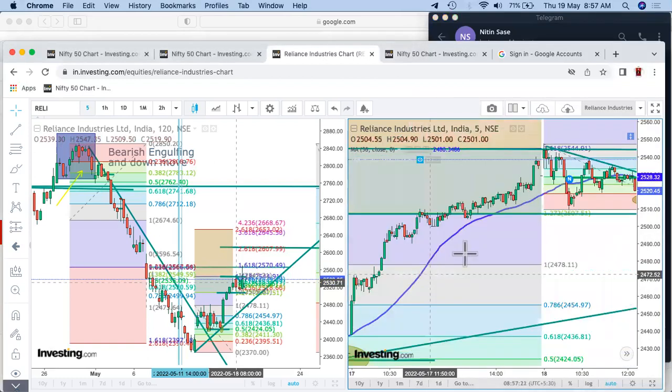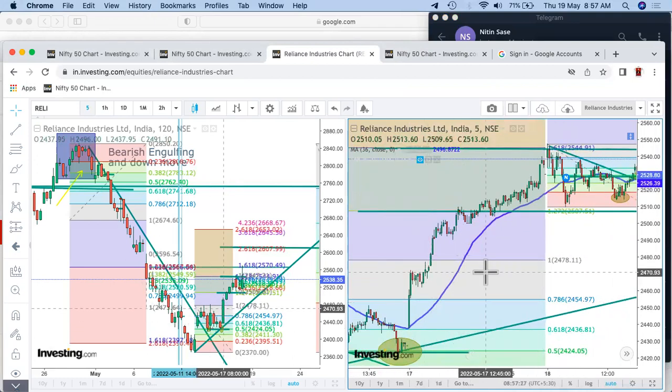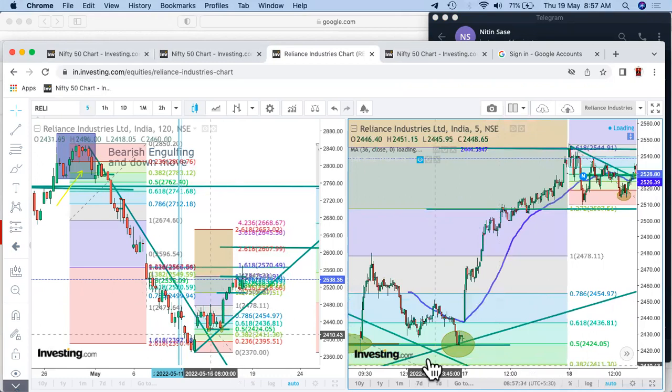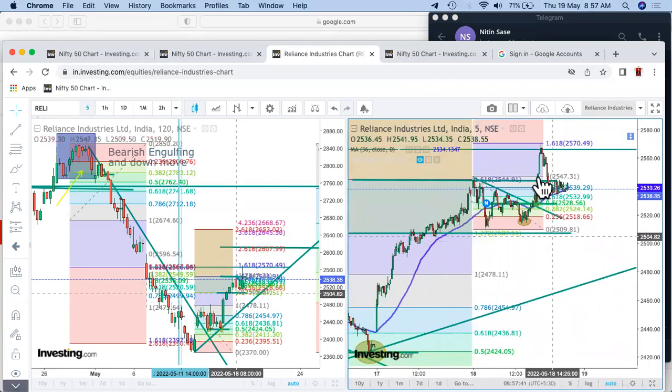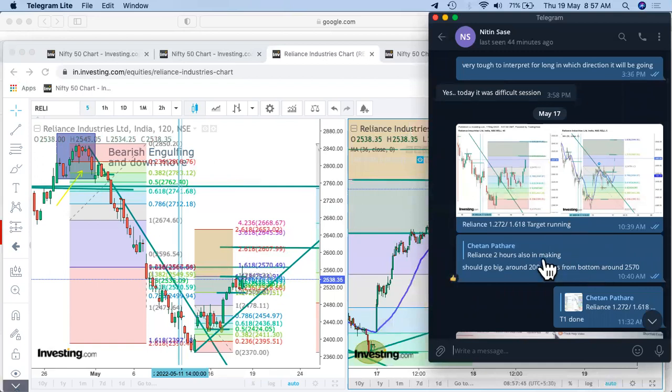So somewhere around on 17 itself, on the basis of the range which was formed, I was expecting that the market should at least be moving up, going beyond that, and from the bottom you should be picking up 200 points. Because that was a psychological figure from the bottom, that's why I've taken that figure. So it went up to approximately 2570, which I had given a day before, should go big, around 200 points from the bottom, around 2570. So this was on the morning of 17 at 10:40.